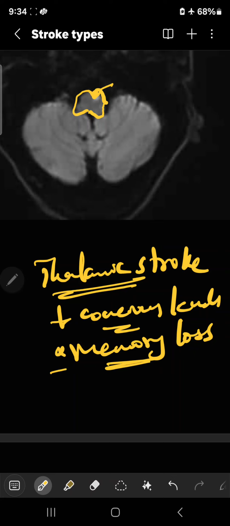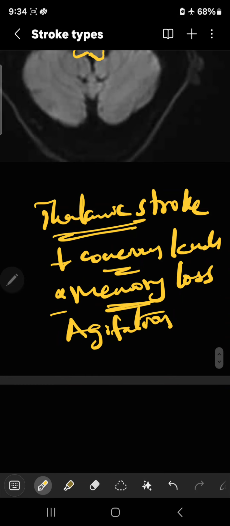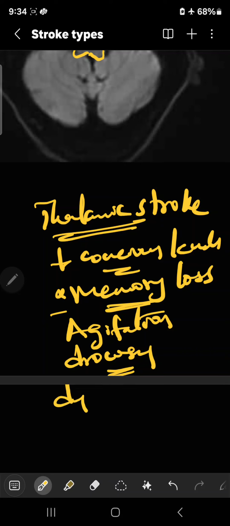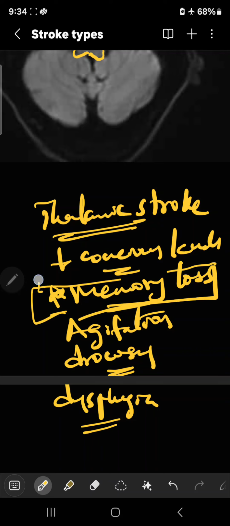The patient won't remember much, there will be a little bit of agitation, and the patient will be very sleepy, drowsy, and have dysphagia. So swallowing difficulty will be there. So remember this: memory loss and decreased conscious levels in thalamic stroke.